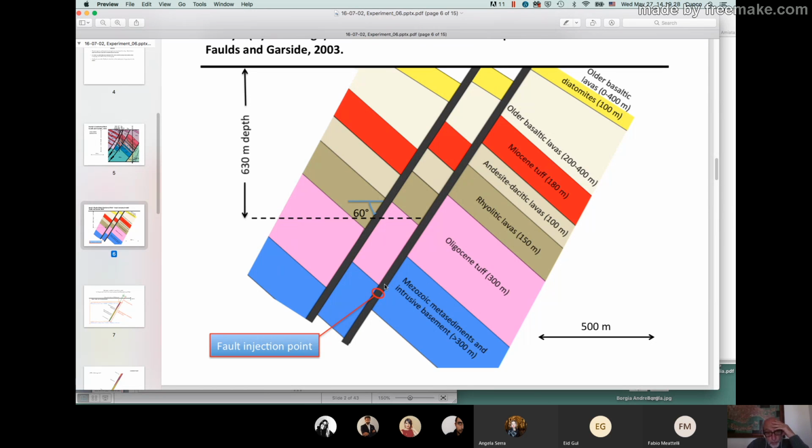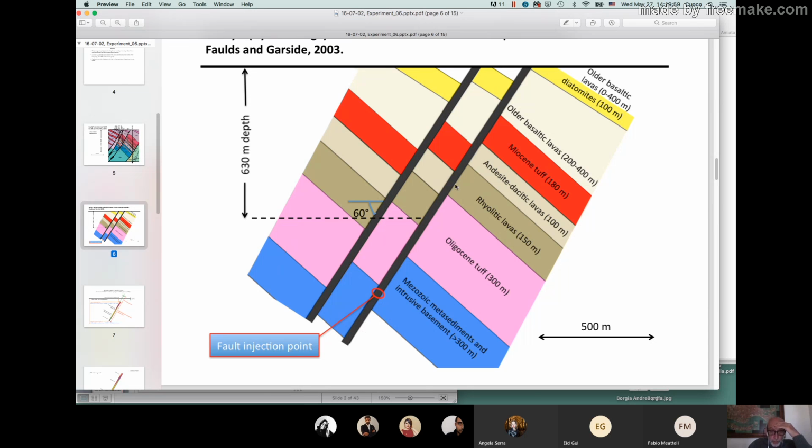So you have the Mesozoic meta-sediments at the bottom. This is where the geothermal field actually is, with the Oligocene tuff being slightly altered, which is a little bit impermeable and stops the cooling of the geothermal system from the little rainwater that is coming from the top.